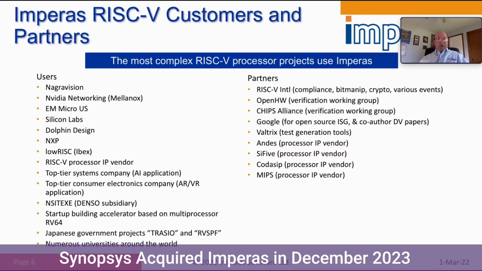In terms of customers and partners, there's a long list of users, partners, Nagravision, NVIDIA networking. I mentioned the paper we co-wrote last year. Micro, Silicon Labs, Dolphin Design, NXP, down the list here. NSITEXE is an interesting one because they're using RISC-V in an automotive application. And then partners, including RISC-V International, Open Hardware, Google, and Valtrix, and then processor IP vendors as well.